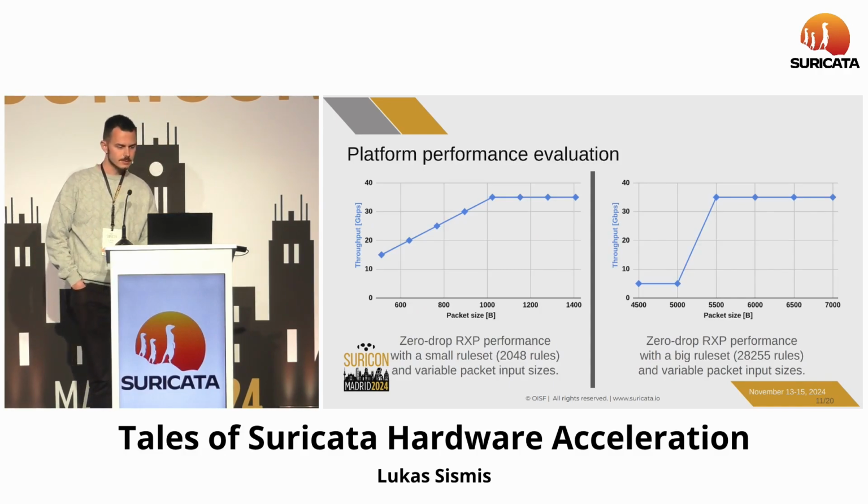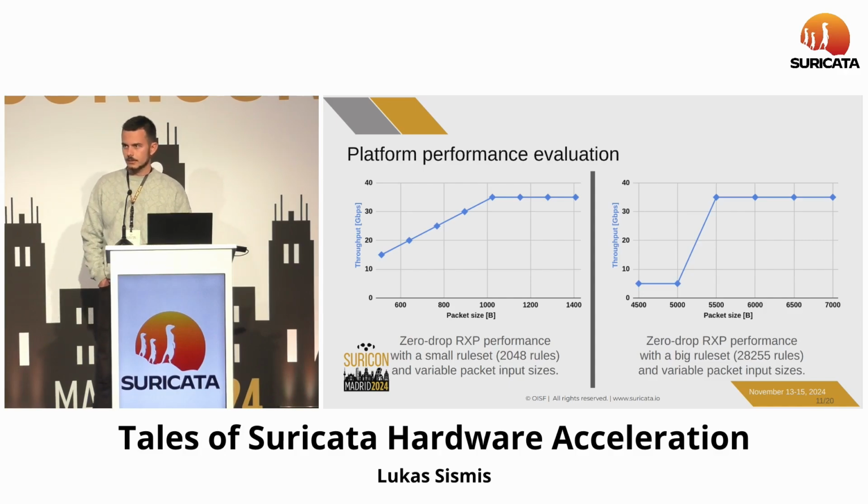So this is basically what I talked about regarding the varying performance of the RegEx engine. To achieve zero drop at, let's say, 35 gigs, we could only achieve it in these graphs under certain conditions. The y-axis is the throughput, and the x-axis is the varying packet size.